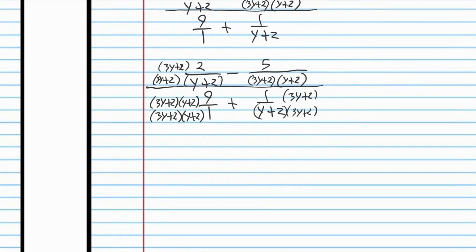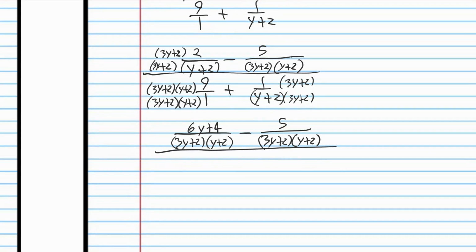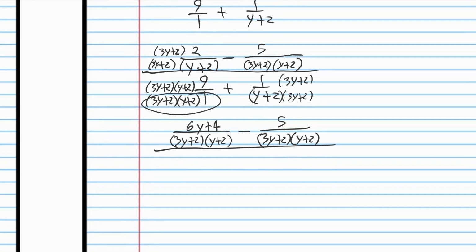All right, so as usual, distribute. We get 6y plus 4. Whoops, now we have minus. And in the bottom, that's easy.